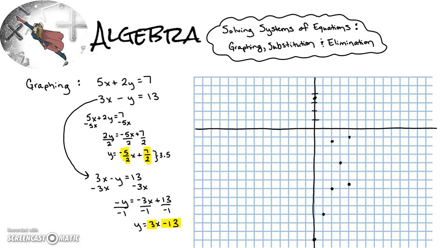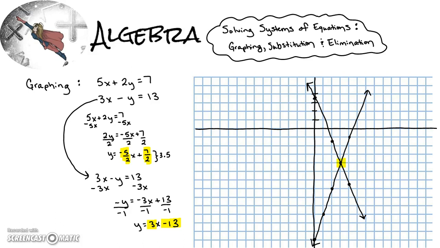I'll try to draw this as straight as possible. So here is the line that I just graphed. Okay, and then here was the first line. Okay, and then you can see that they are intersecting each other right here at that point.